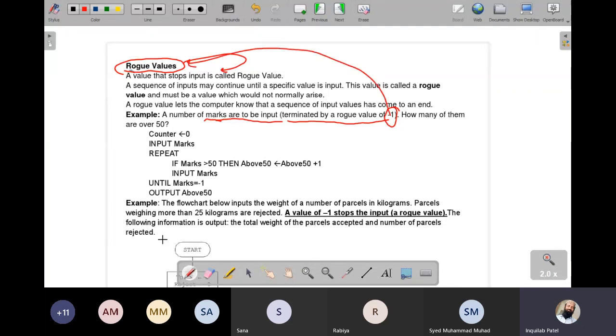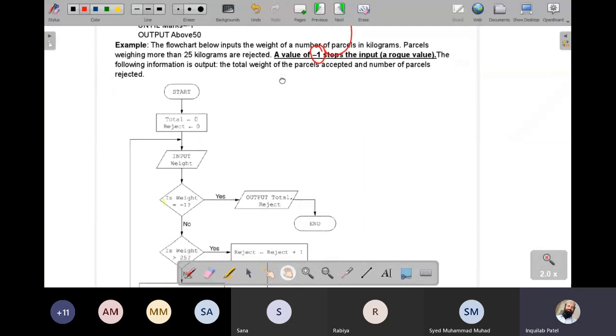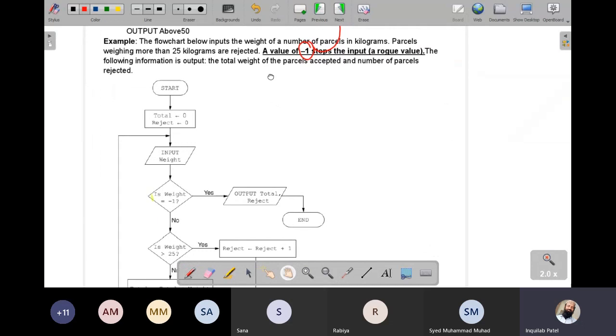In this question, the flowchart below inputs the weight of a number of parcels in kilograms. Parcels weighing more than 25 kg are rejected. -1 stops the input, so we say that this is a rogue value. Now suppose you are asked to suggest test data in this example.